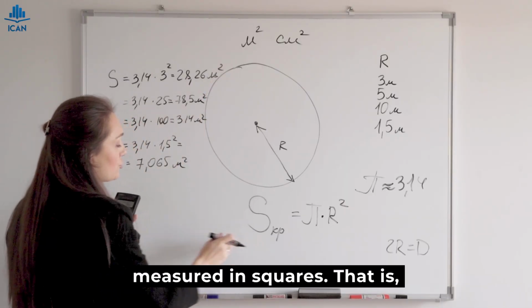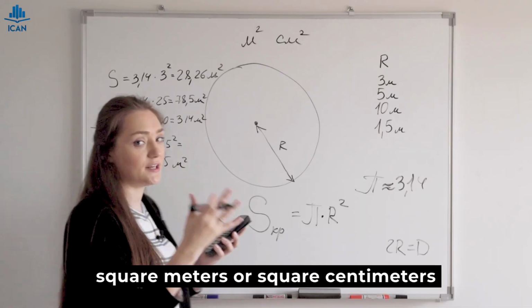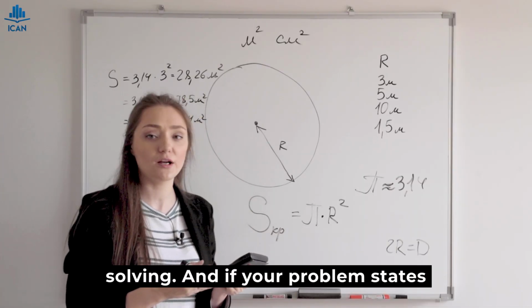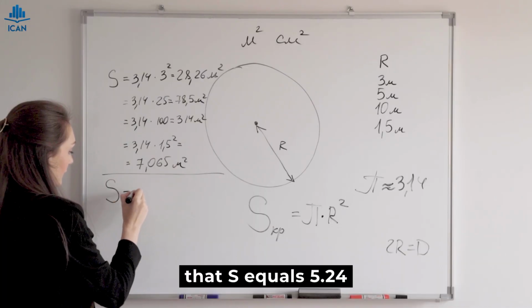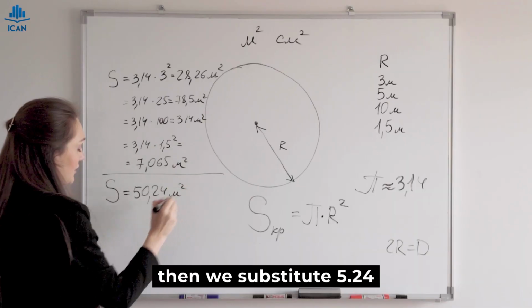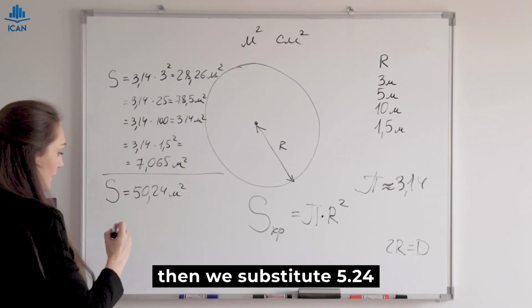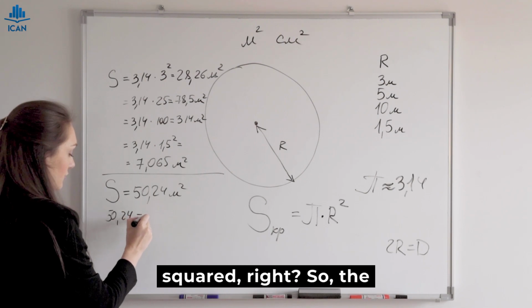Area is always measured in squares. That is, square meters or square centimeters depends on what problem you're solving. And if your problem states that S equals 5.24 square meters and you need to find the radius, then we substitute 5.24 equals 3.14 multiplied by radius squared, right?